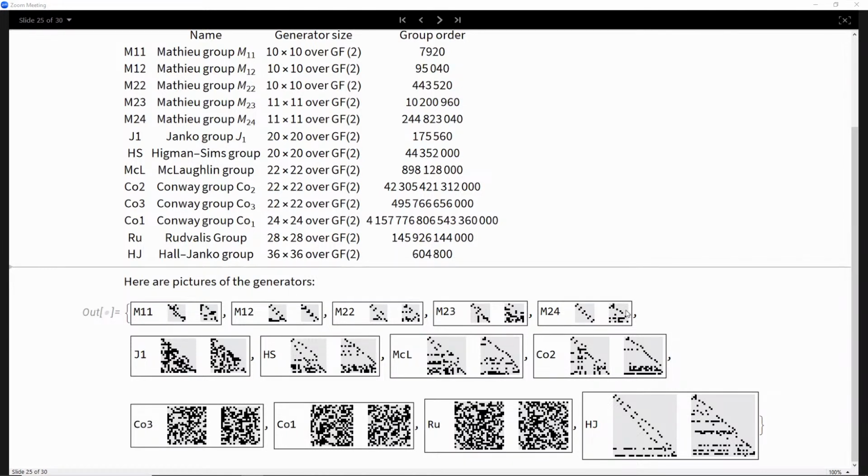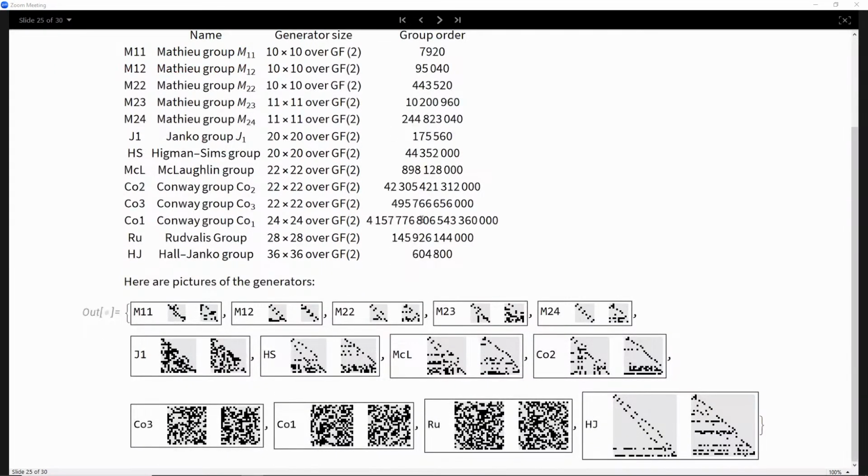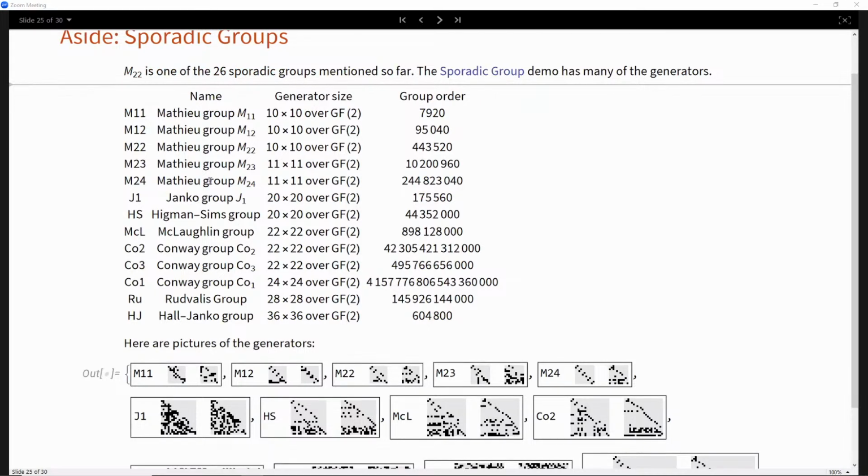And if you multiply the matrices together in all possible ways, you'll eventually get the full group. And these are the various group orders. I found it interesting that all of these sporadic groups could be generated with 2 matrices. And many of them deal with, eventually, unusual Steiner systems.